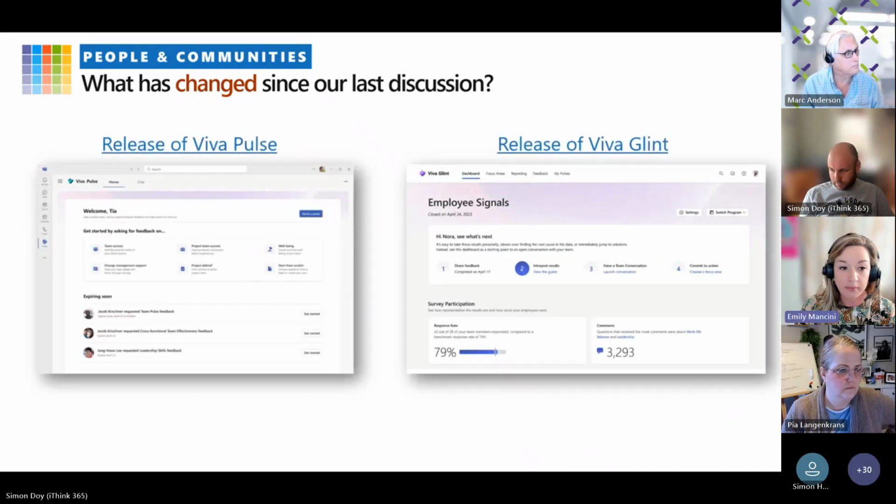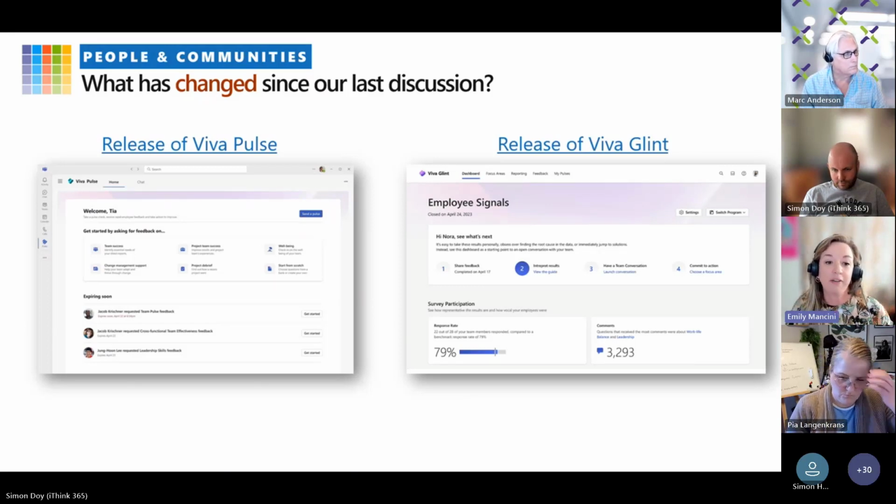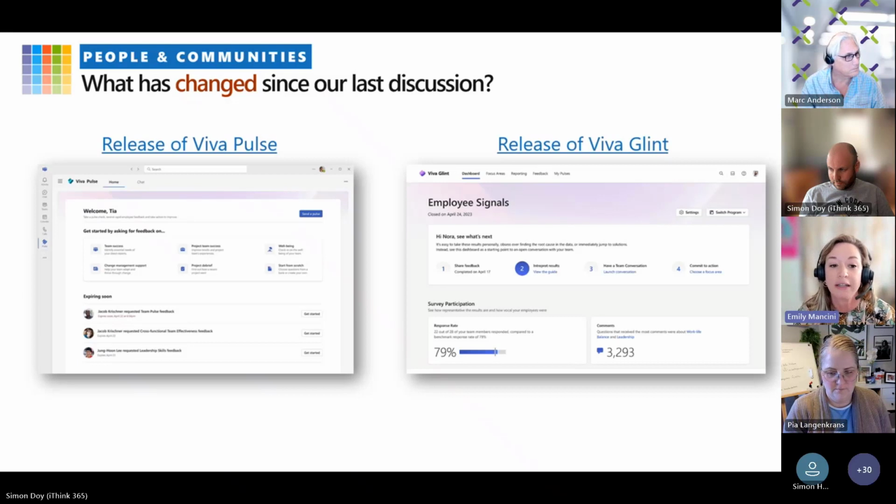We're still going on all the things that have changed in people and communities since the last article. There is truly a lot as we've seen Viva explode. So we have the release of Viva Pulse and Viva Glint as well. For those who are a little bit less familiar, the main difference between them is that Viva Pulse is the self-serve survey tool for managers and leaders.